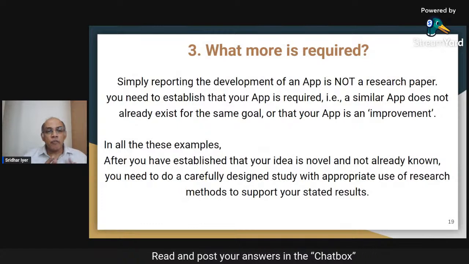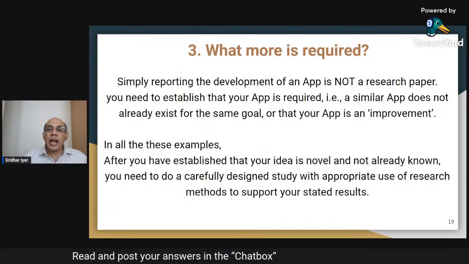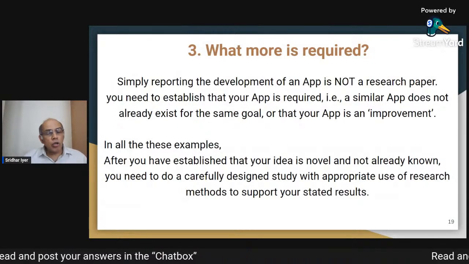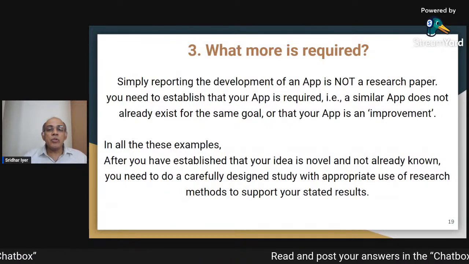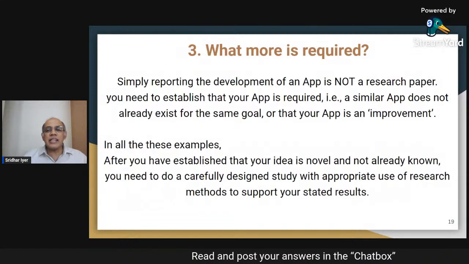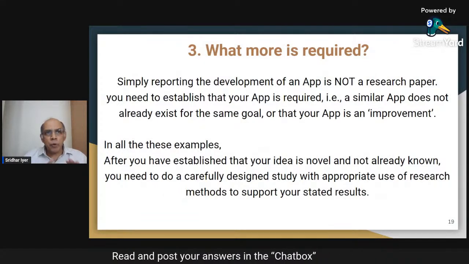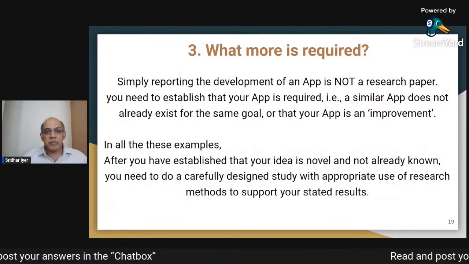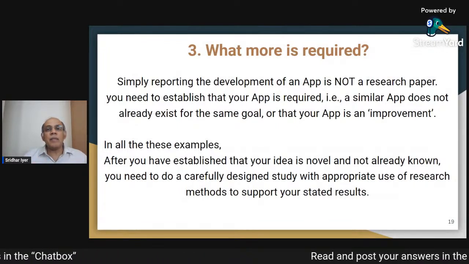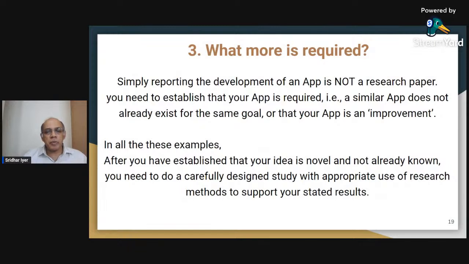Okay. So the first thing to do is to establish that your idea is novel and not already known. And then the second thing to do is a carefully designed study with appropriate research methods to support your results and claims. So when you do all that, that's when it becomes a research paper.